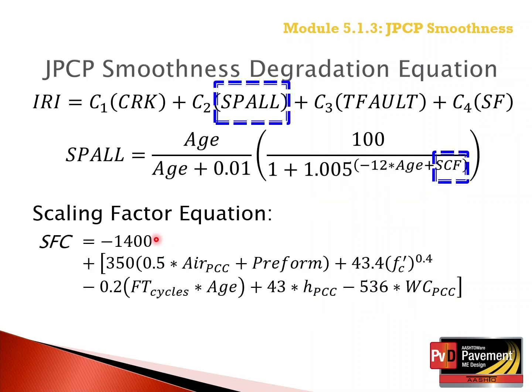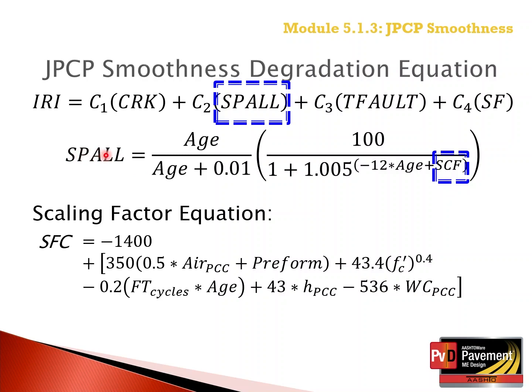The scaling factor variable of the spalling equation is included on this slide. The percentage of joints with medium to high severity spalling is defined by a scaling factor equation.